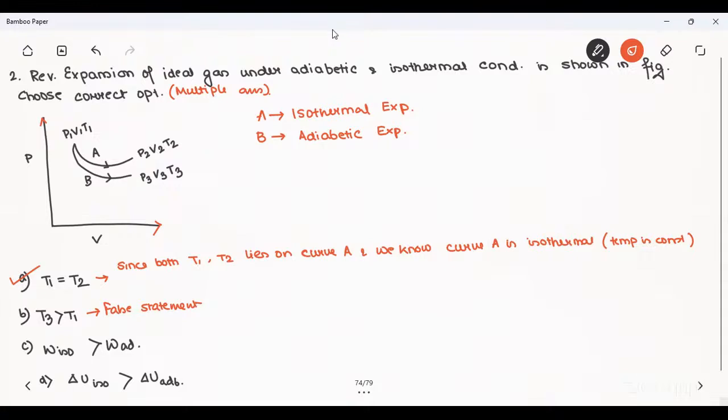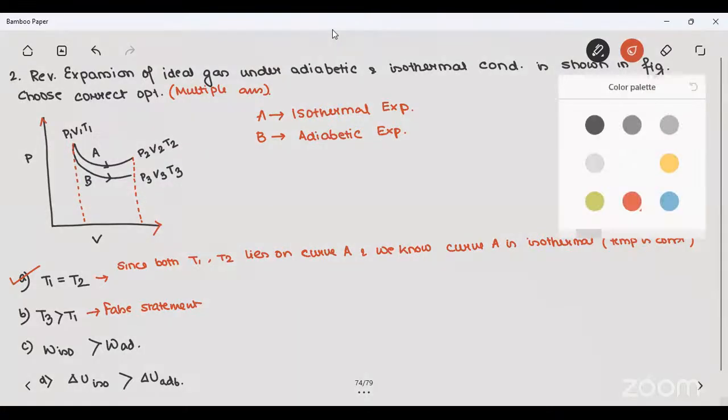Okay, for this. W of isothermal greater than W of adiabatic means they are considering the work done, and we know for work done we calculate the area under the curve. So let's just do this. Can any one of you tell me the area covered by curve A?